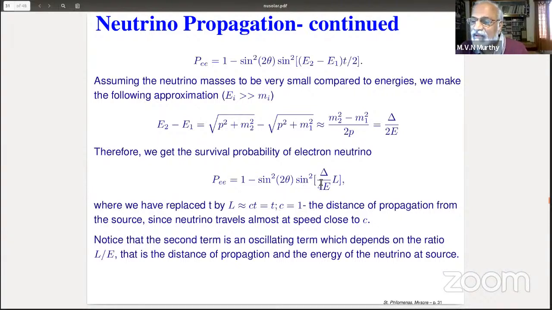But then you have sine squared delta by 4E, and I replace this time by L, because neutrinos are almost relativistic, their mass is so small, you can say that the distance traveled by the neutrinos is simply c times time. And since we have assumed c equals 1, I can replace the time elapsed by the length L.